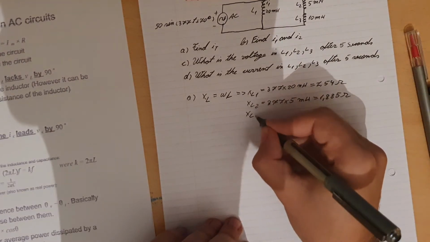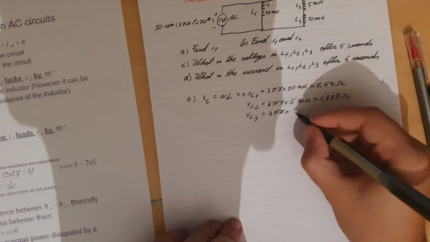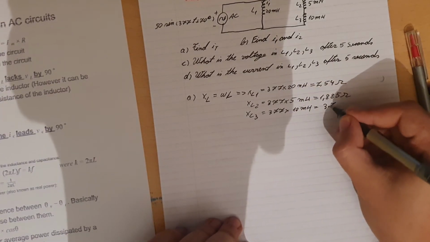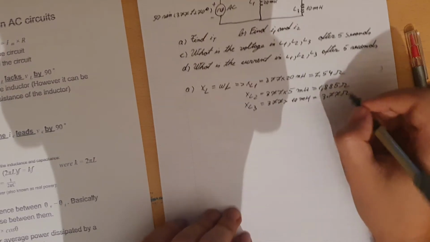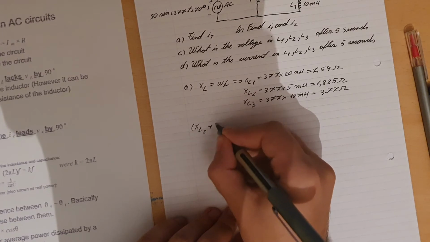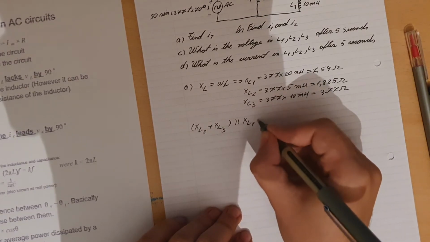And XL3 is equal to 377 multiplied by 10 millihenries, that will be equal to 3.77 ohms, quite low resistances. Okay, now let's calculate the total one, which is XL2 plus XL3 in parallel with XL1.